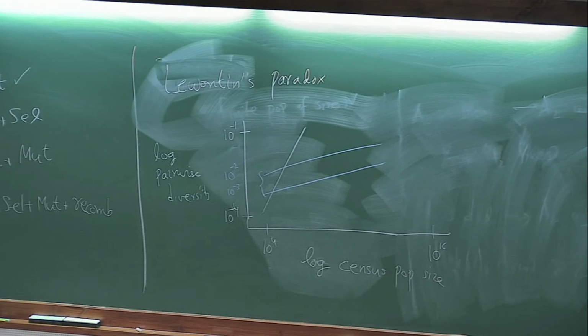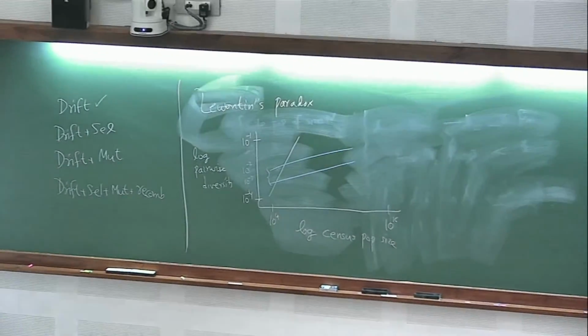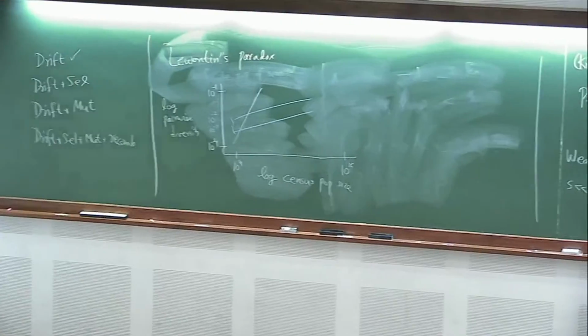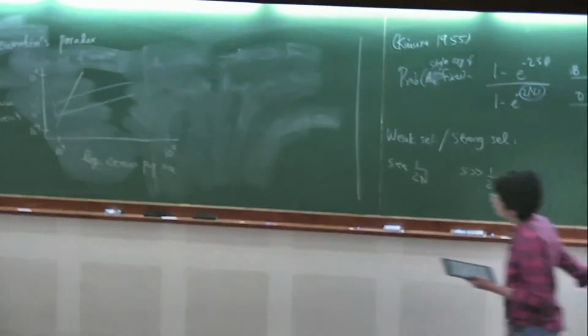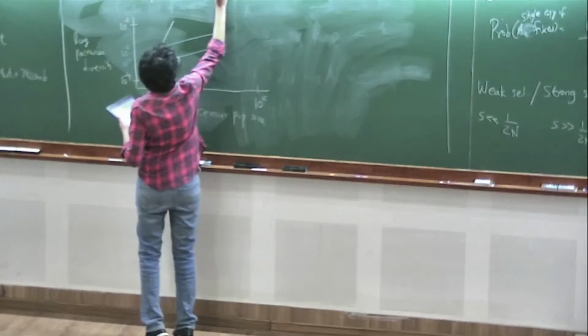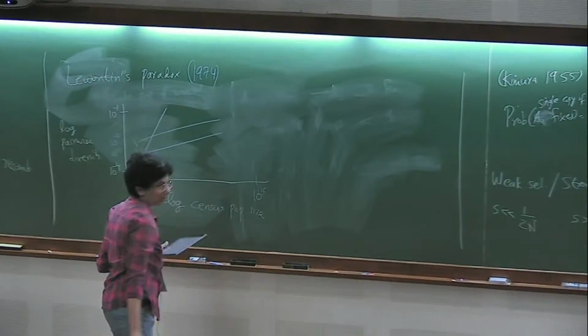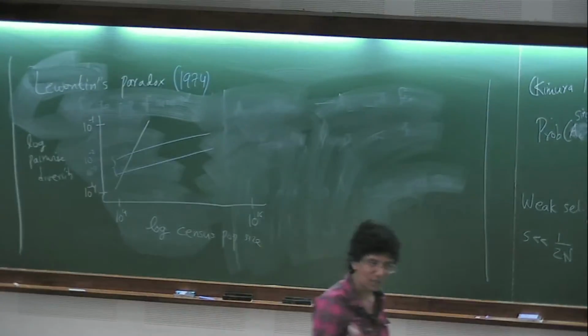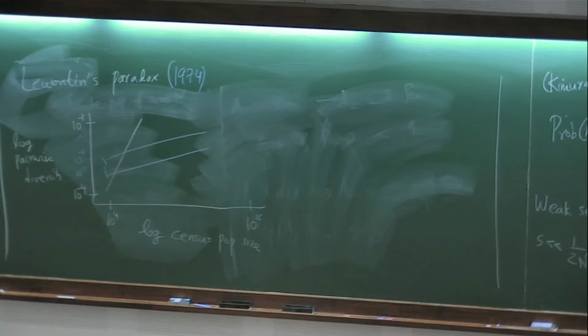This paradox, why the neutral genetic variation is so small, is called Lewontin's paradox. This is 1974, and we still don't know completely how to understand this quantitatively.